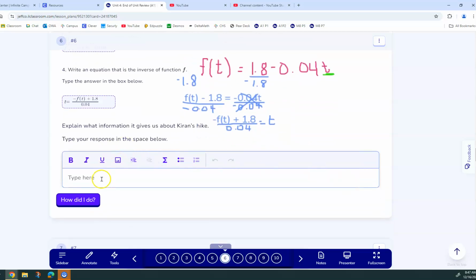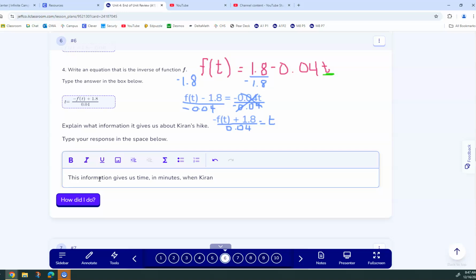That's the inverse. And then what information does this give us? This gives us time in minutes.